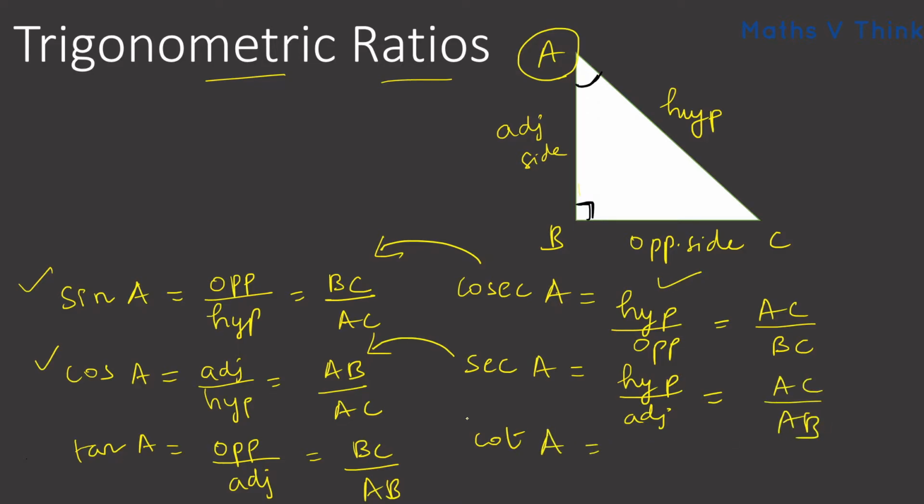And cot A will be the opposite of tan A. Tan is opposite by adjacent, so this will be adjacent by opposite, so it is AB by BC.